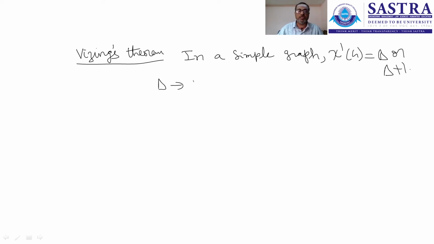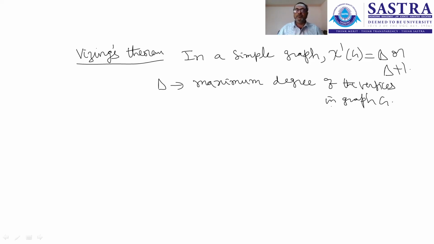Delta will be the maximum degree of the vertices in graph G. So it will be either delta or delta plus 1. It will have only two values.